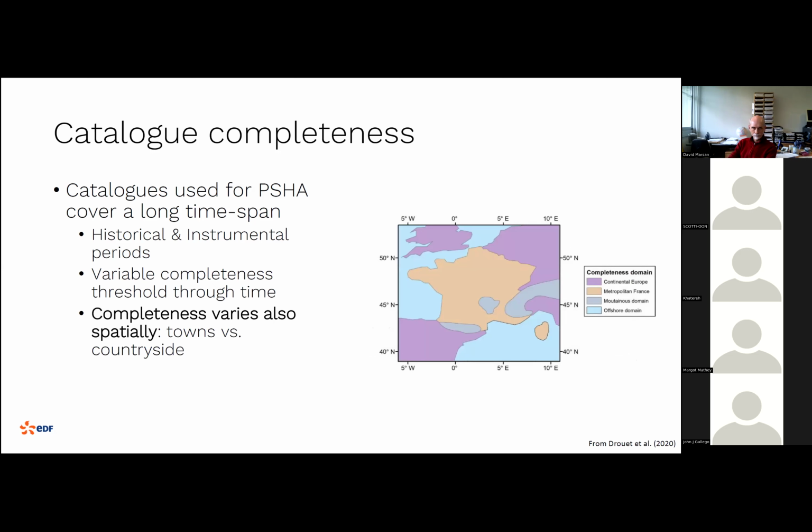For example, you can easily anticipate that if your catalog of historical earthquakes is based on written manuscripts or written reports produced during the historical period in old manuscripts and so on, you have richer information in a densely populated area compared to mountain areas or countryside for historical times. So this is something we need to consider also. So we have to characterize the completeness in space and in time.